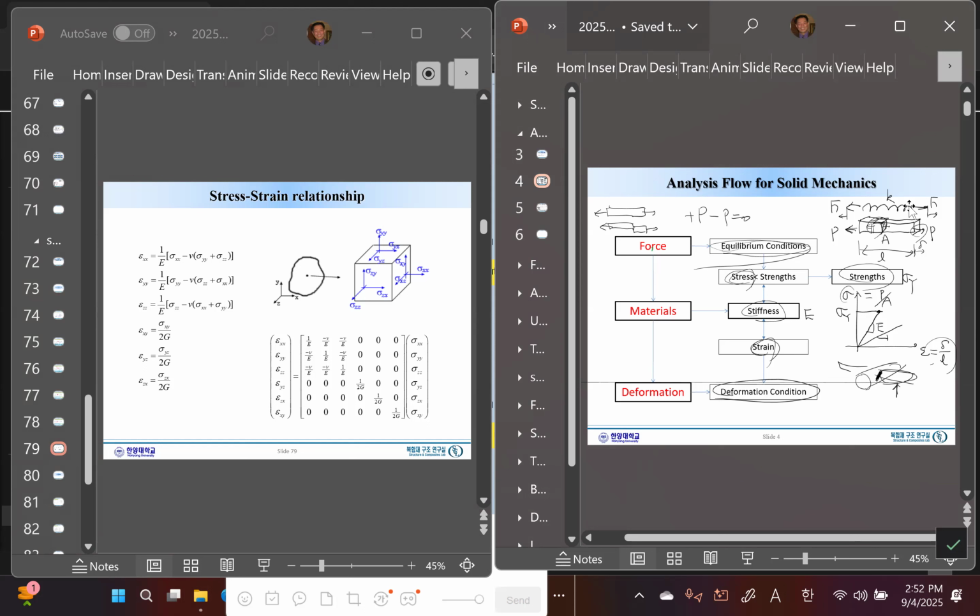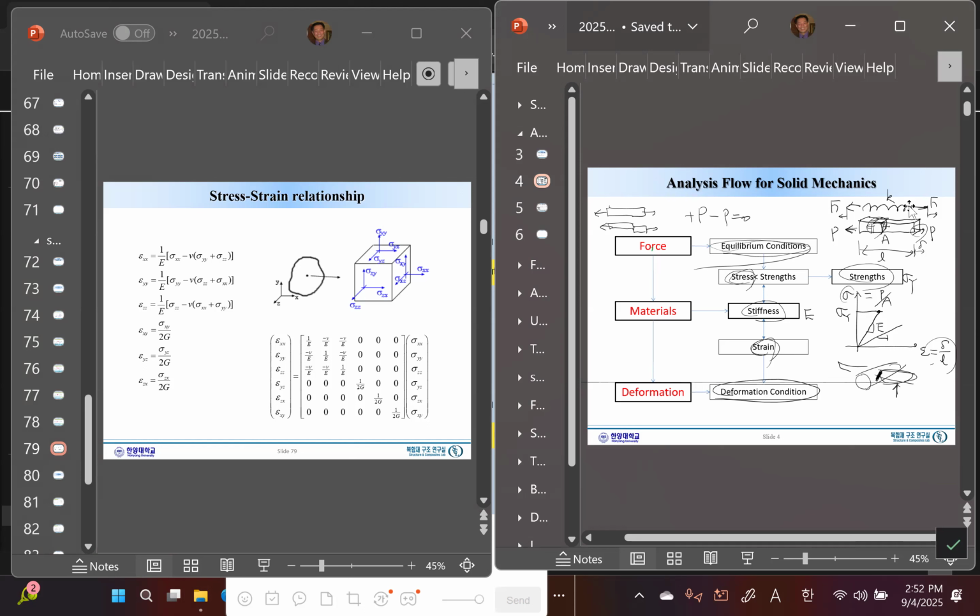And also this body will deform similarly to the spring extending. Inside, there is some deformation, right? This structure will deform like this. That's a result of the internal deformation, right? So how can we describe the internal deformation? Exactly the same concept as stresses.